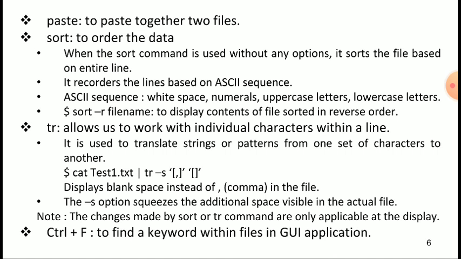cat test1.txt, pipe tr, that means translate, dash s, that means string, first bracket comma and second bracket empty, that means display blank space instead of a comma in the file.